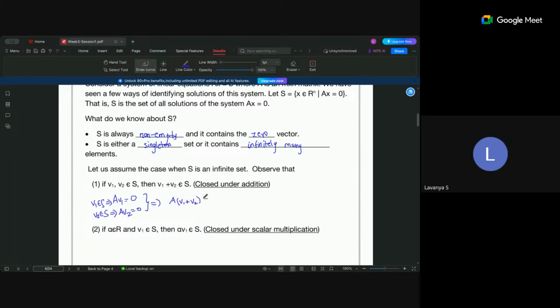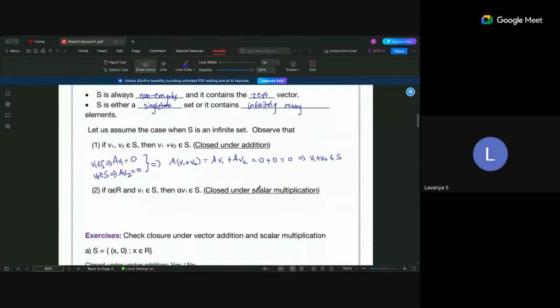A(v1 plus v2) is equal to Av1 plus Av2, which is 0 plus 0, so it is 0. So v1 plus v2 is also in S. This means the set is closed under addition. Closed under addition means that if you take any two elements, the sum of those elements will also be in that set.